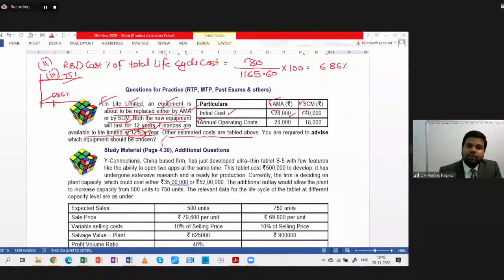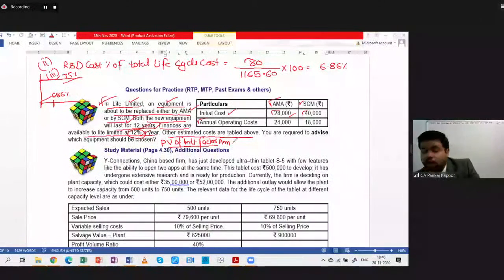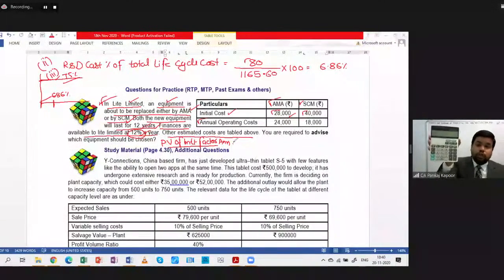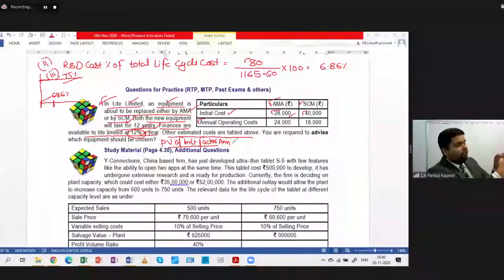So can anyone tell me the PV interest factor annuity? Friends, I'm waiting for you. Tell me what will be the discount annuity factor for 12% for 12 years. If someone needs to calculate on a calculator, how will you calculate it? 1 divided by 1.12.